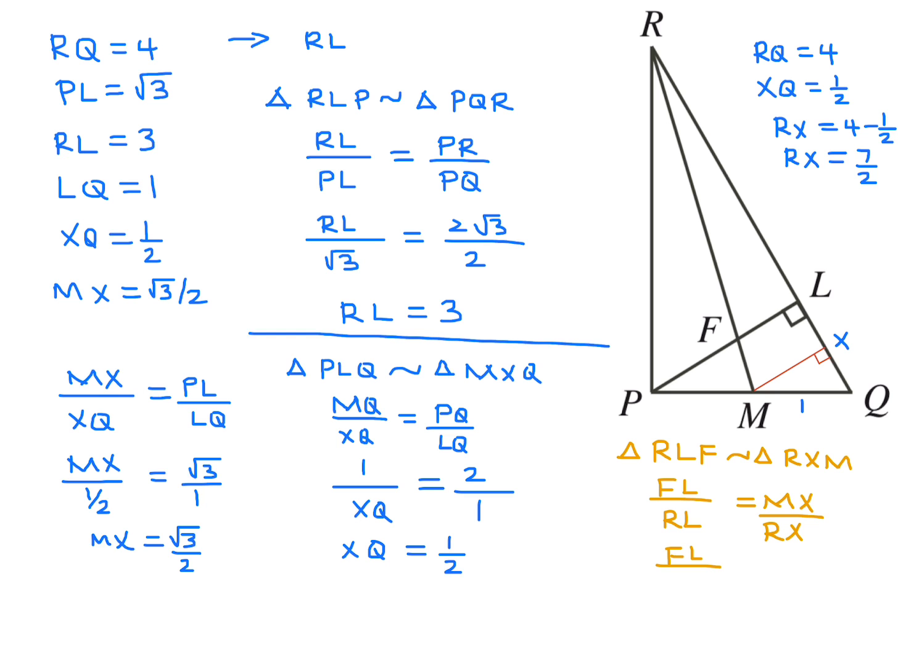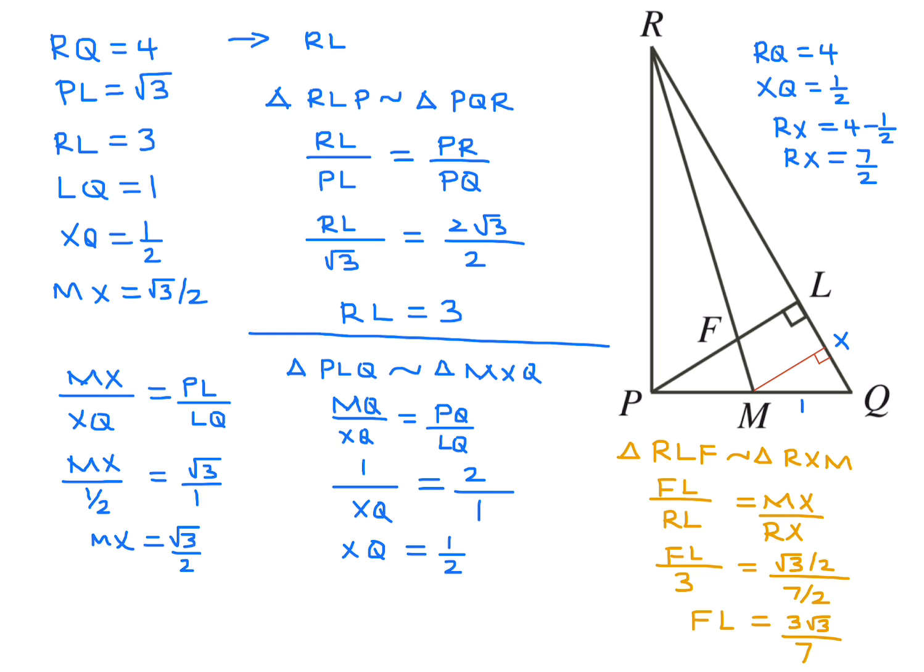So FL over RL, which is, let's see here, 3. MX is root 3 over 2. And RX is 7 over 2. So solving, we get FL is equal to 3 root 3 over 7. All right. We are almost done. I think I can do it on this page.